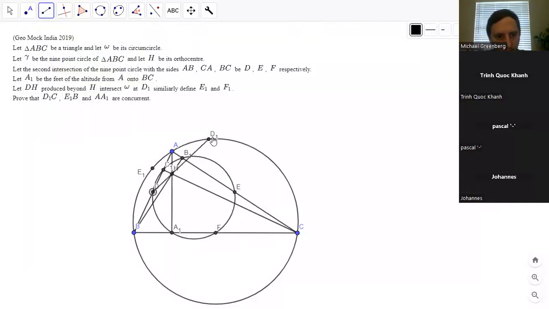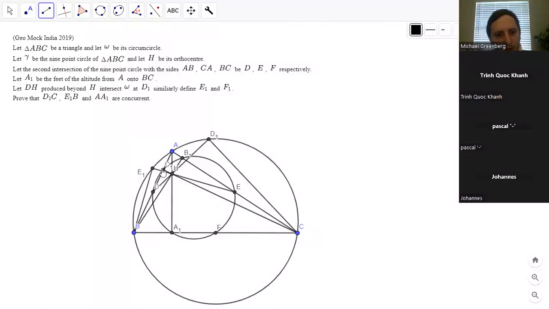So this might just be a really easy problem. You just have to show that this is a right angle, and that it's true by the radical axis theorem. And that's just true because if you draw the diametrically opposite point to C, it lies on DH, that's just the other point on DH.